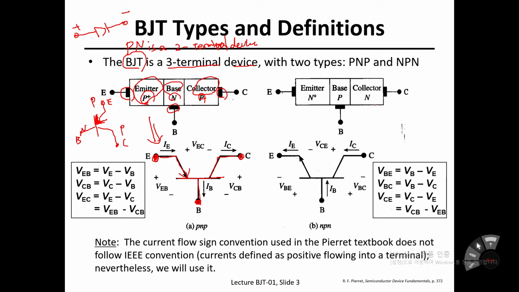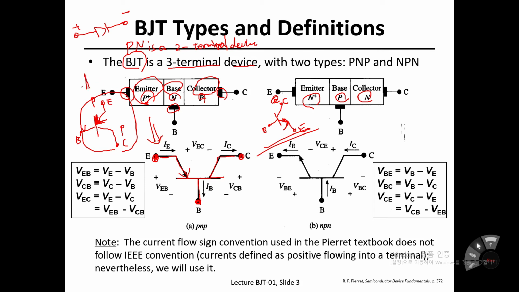In case of NPN BJT, we're going to use this circuit symbol: base, emitter, no, collector, emitter, and in this direction the arrow can be placed. So this circuit symbol indicates NPN BJT, and that circuit symbol indicates PNP BJT.